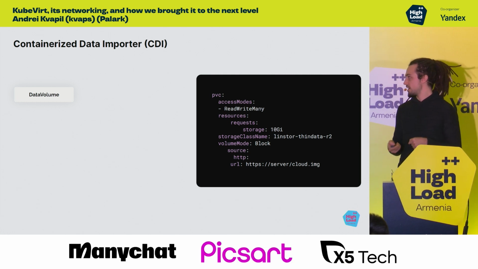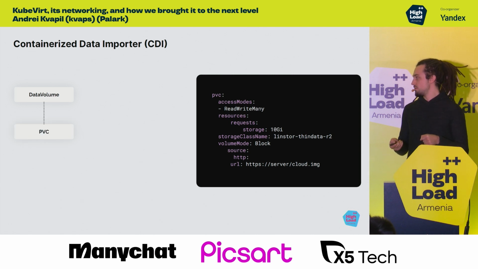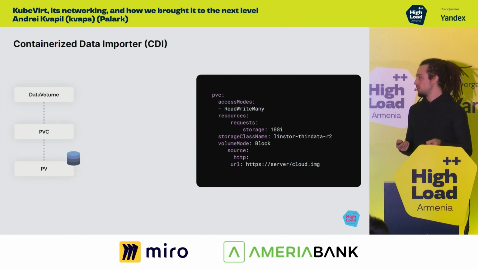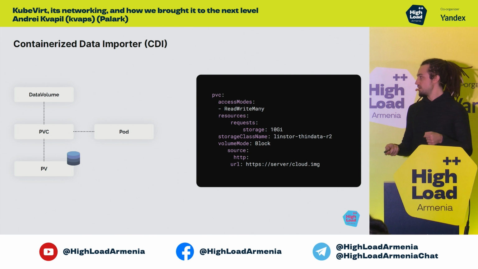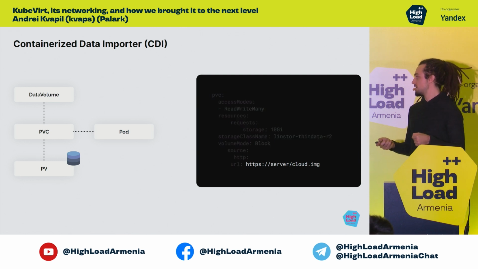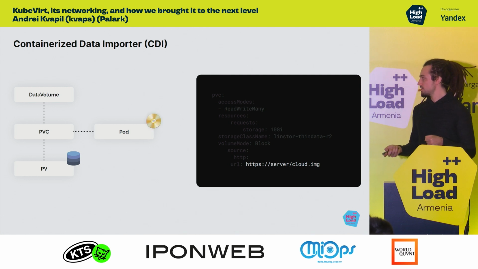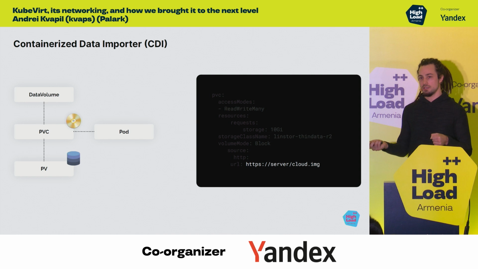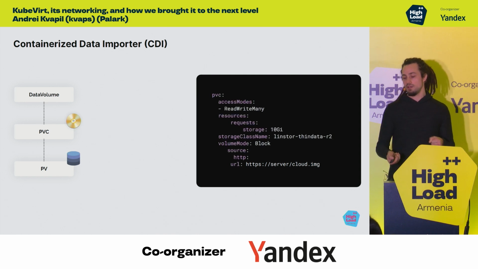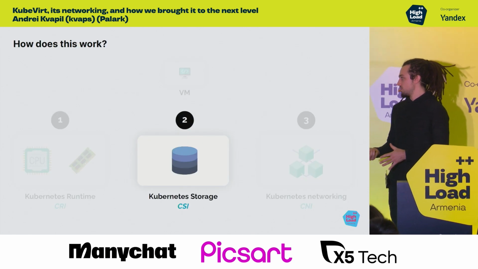When we create a DataVolume resource inside Kubernetes, it spawns a PVC, a standard persistent volume claim, which binds to the persistent volume. Then a new pod is created, which takes this image from HTTP in our case and uploads it to our persistent volume. Later we can just connect it to our virtual machine and use it as is.